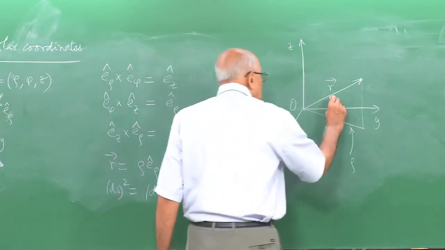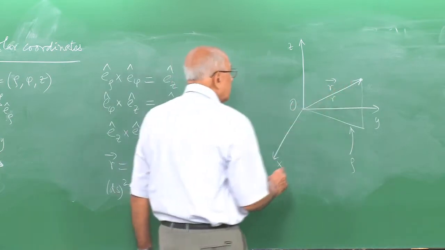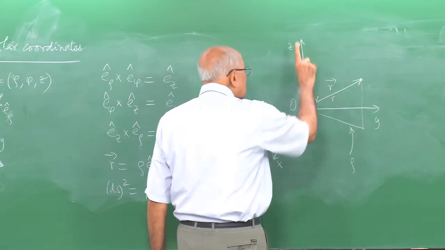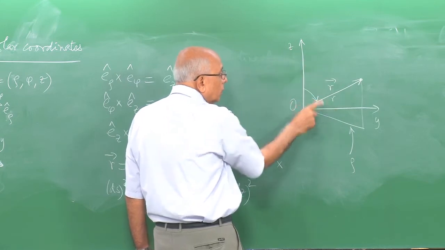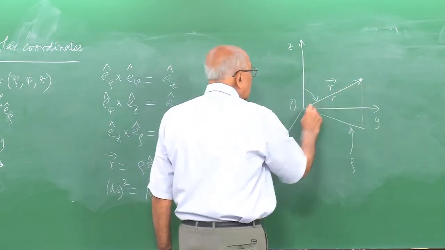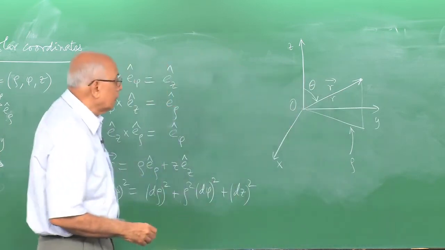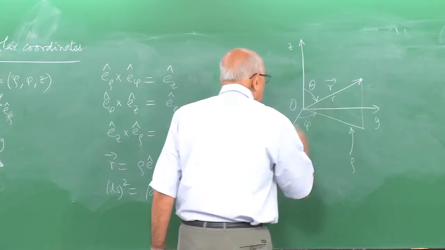This distance is r from 0 to the point P. This angle here from the z-axis, from the positive vertical axis, moving down towards this radius vector here, this is called theta. And this angle here of this projection is phi as before.